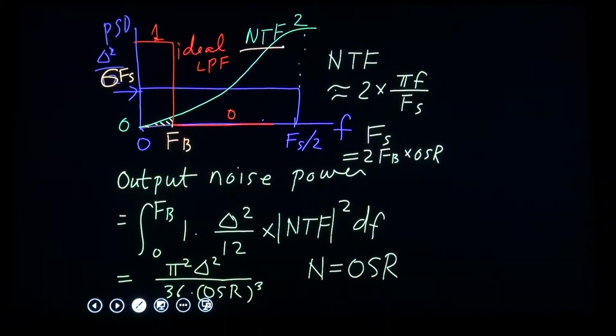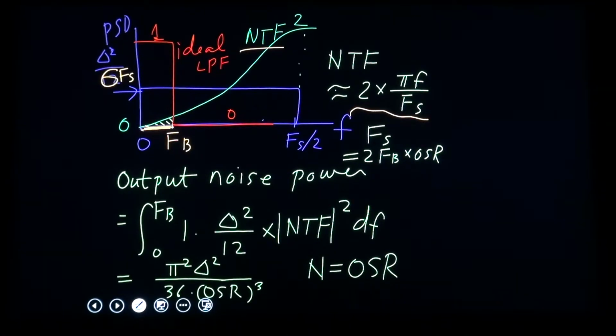This NTF can be approximated like that because the signal frequency F is much smaller. We are considering signal frequency from 0 to FB, and the decimation filter is ideal, like the red curve.